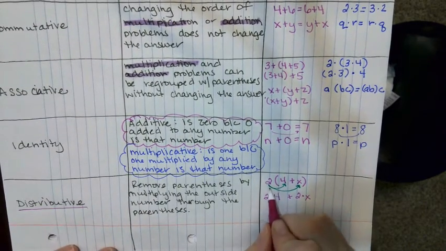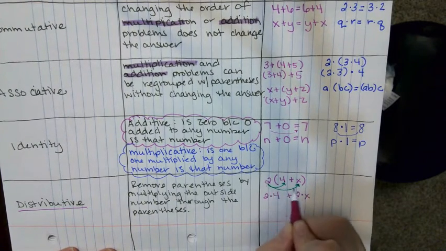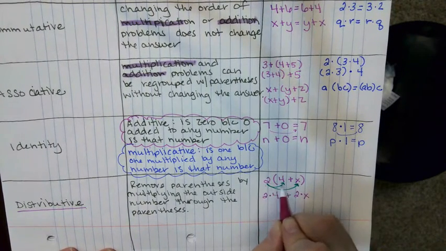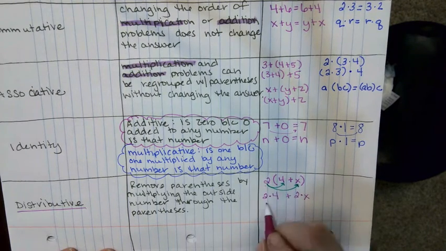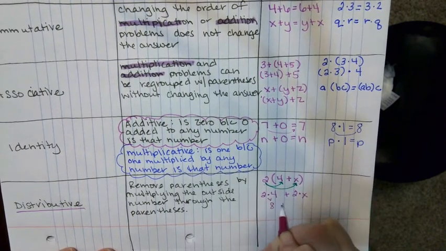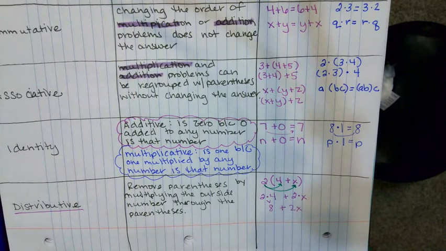I have 2 of them, so I say, give 1 to Chloe, give 1 to Emma: 2 times 4, 2 times x. And then I get 8 plus 2x. Think about that. If I had 2 groups of 4 plus x, don't I have 2 4s, which is 8, and 2 x's, which is 2 times x?